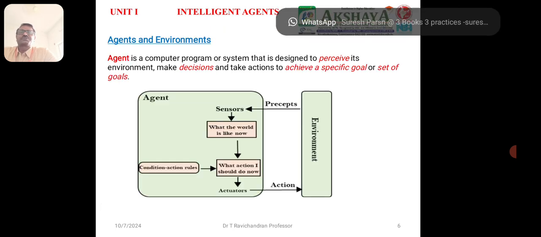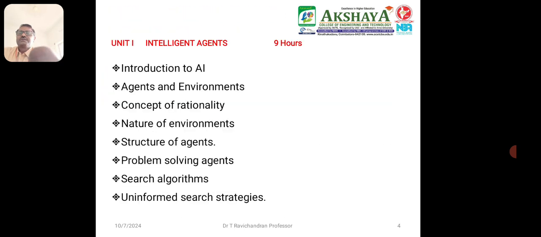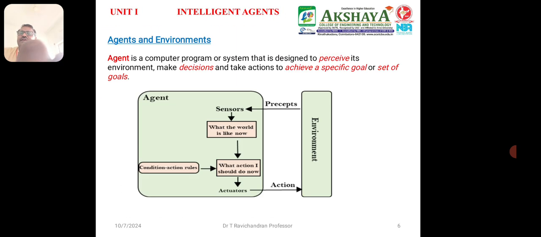We also covered the types of agents and environments: simple reflex agents, model-based reflex agents, goal-based agents, utility agents, learning agents, multi-agent systems and hierarchical agents. Last class we discussed these deeply.